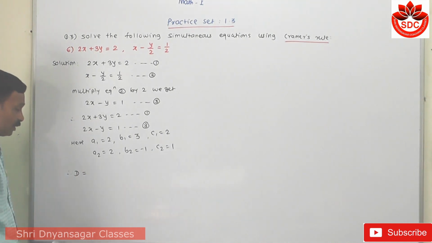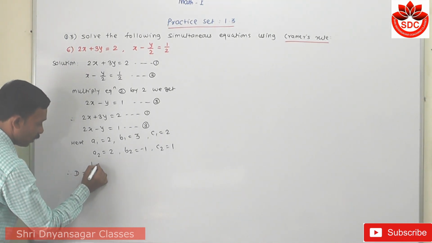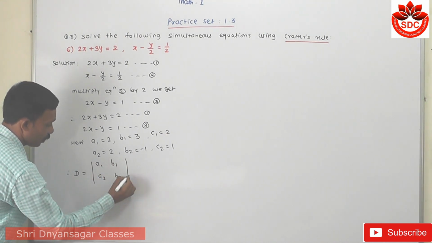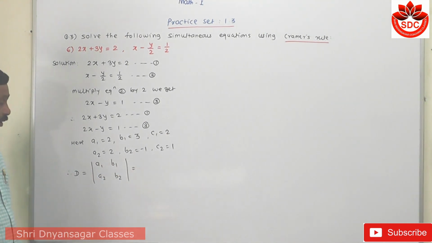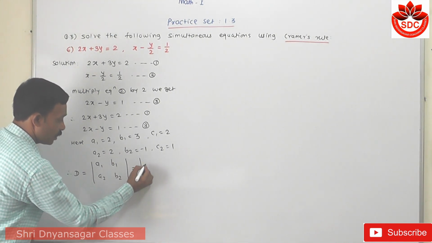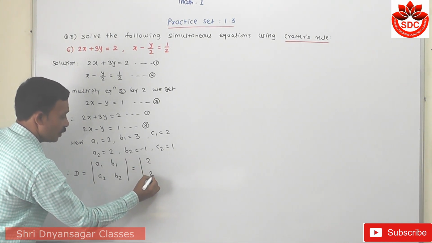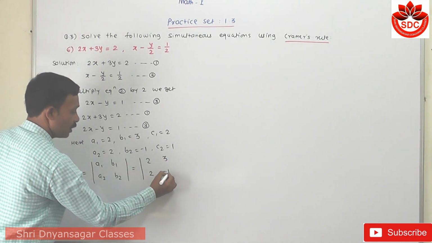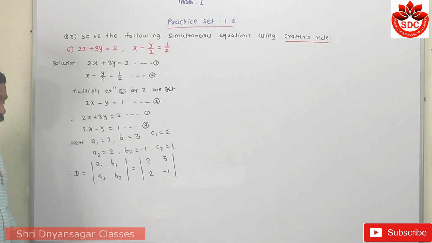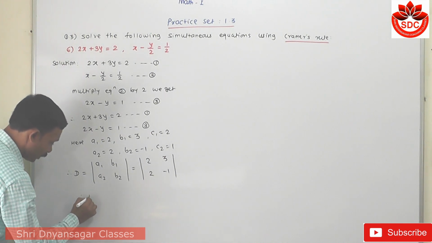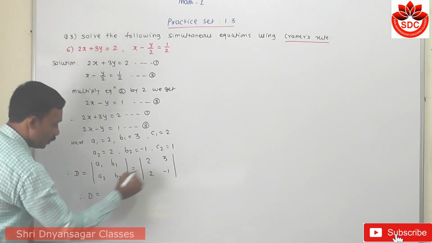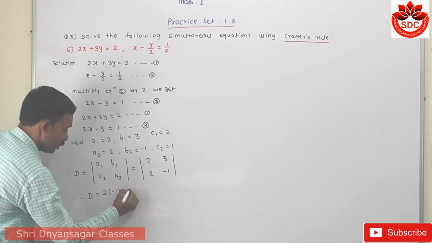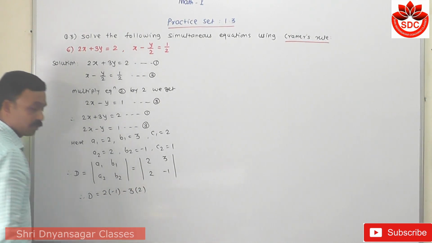Therefore d is equals to, now the rule for d is a1 a2 b1 b2, where a1 is 2 and a2 is also 2, b1 is 3 and b2 is minus 1. Now then by using the rule of the determinant, d is equals to 2 into minus 1 minus 3 into how much? 2.